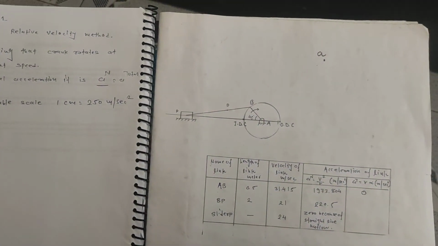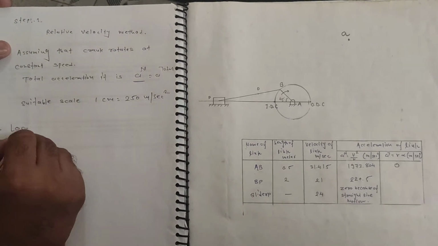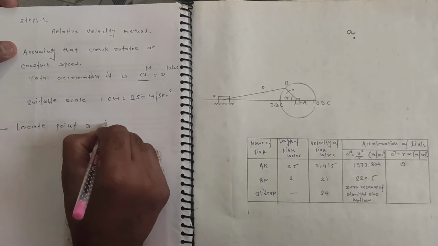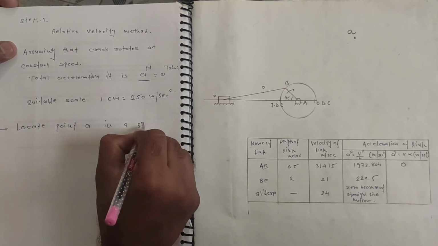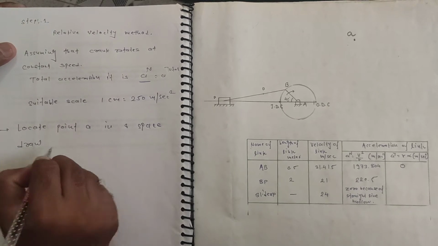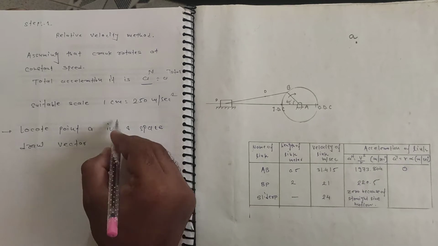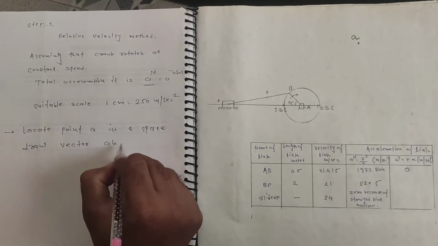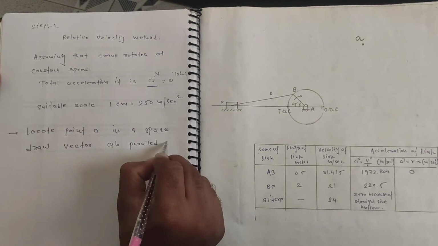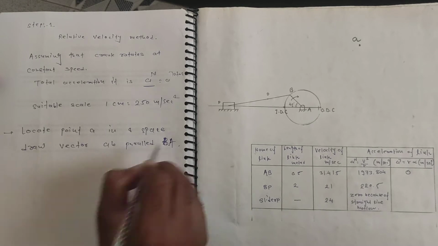So we have to write down over here: locate point A in space and draw vector AB parallel to AB, B parallel to BA.